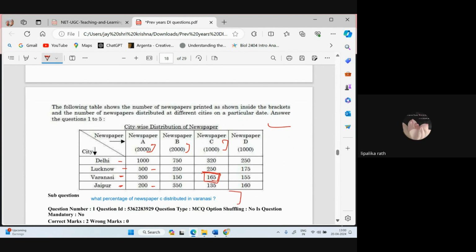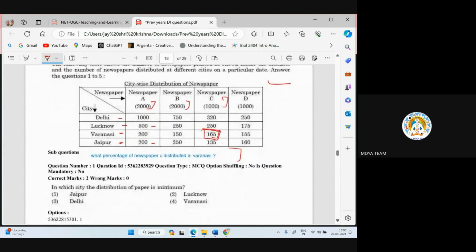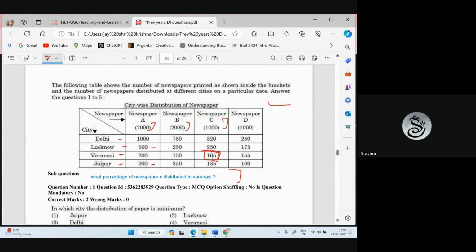Yes, sir. We need to add all the totals of A, B, C, D, or only 1000?